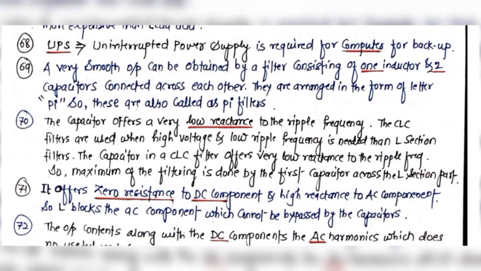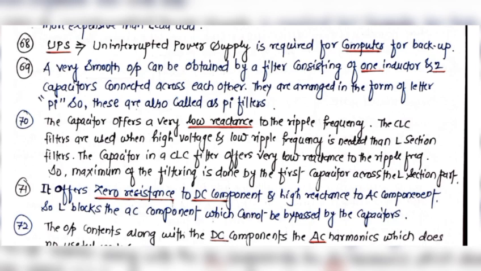The capacitor offers a very low reactance to the ripple frequency. The CLC filters are used when high voltage and low ripple frequency are needed. Compared to L section filters, the capacitors in a CLC filter offer very low reactance to the ripple frequency.